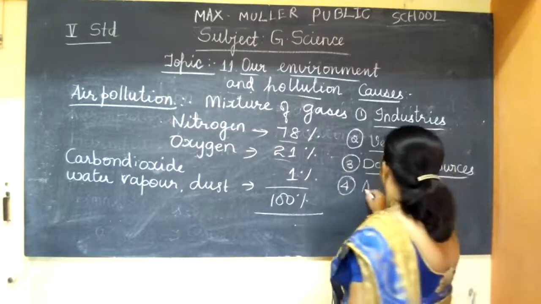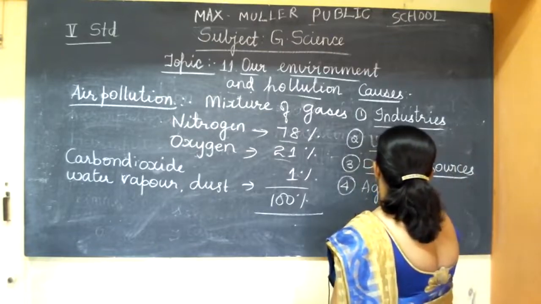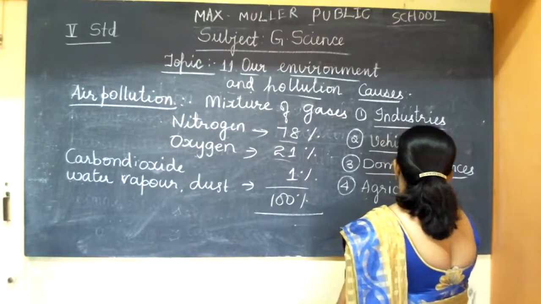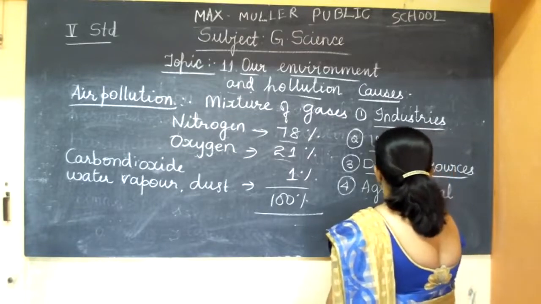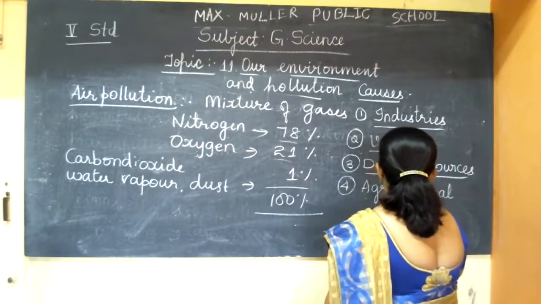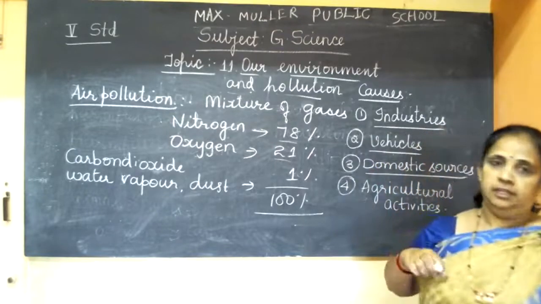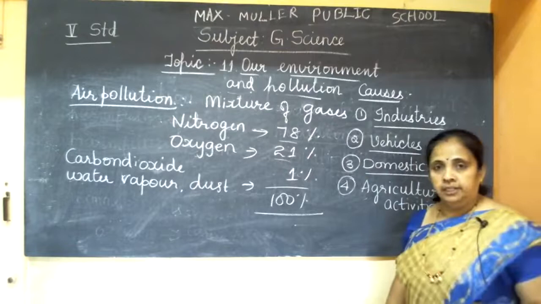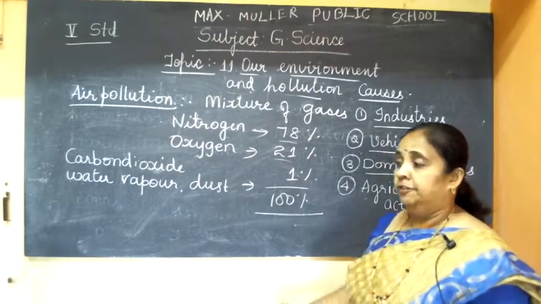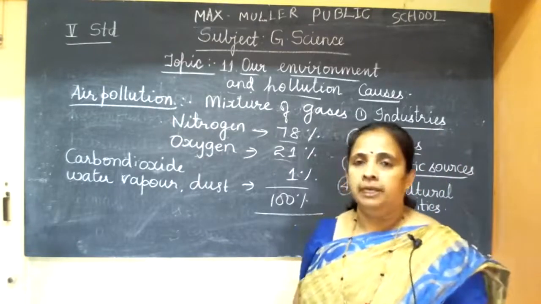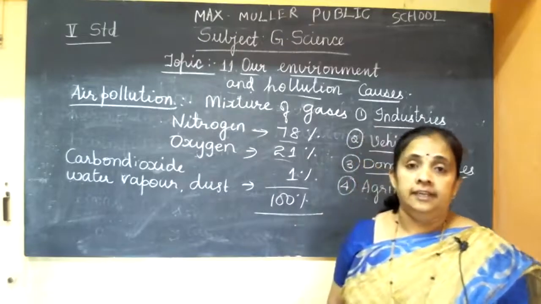Okay, next one, agricultural activities. Again, this I have already discussed in the first lesson. When a farmer follows the steps of agriculture, after he sows the seed, he is going to apply fertilizers, insecticides, pesticides.